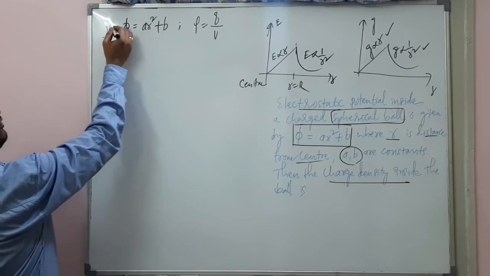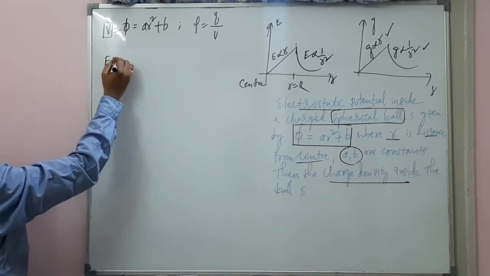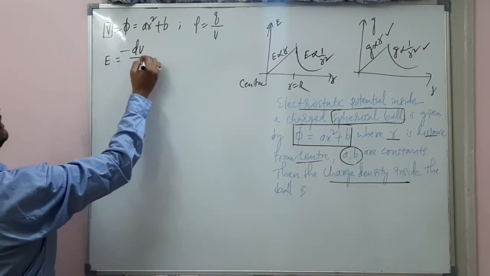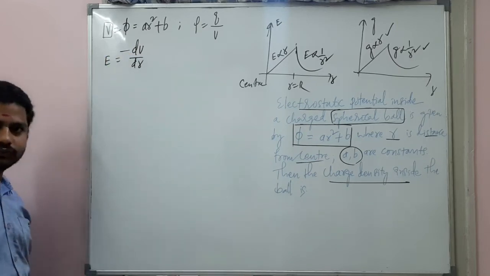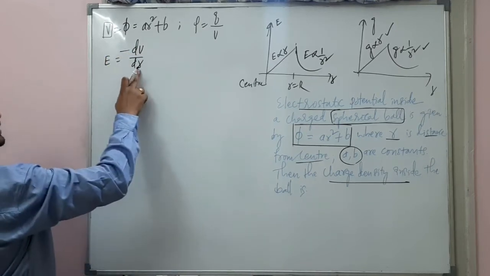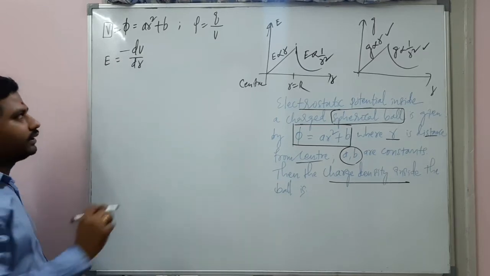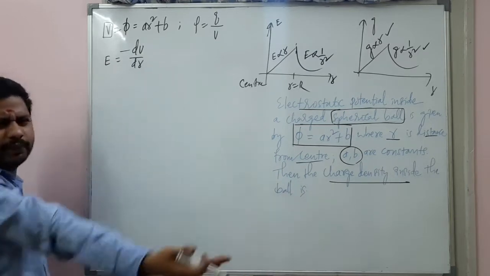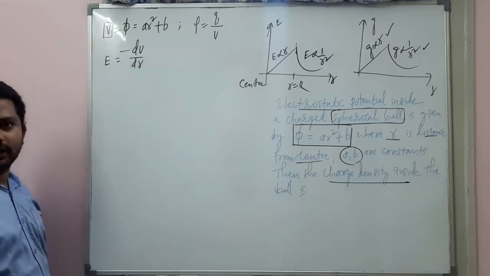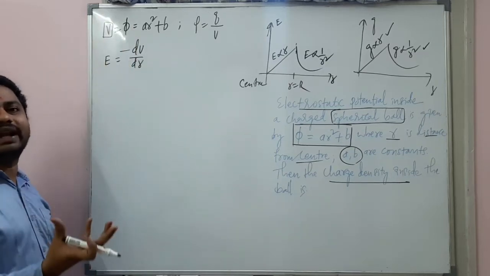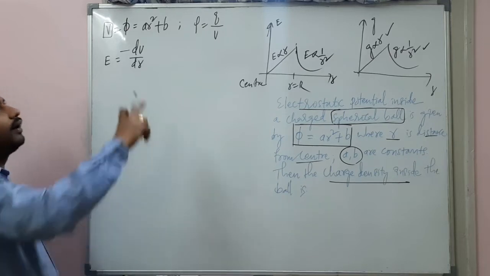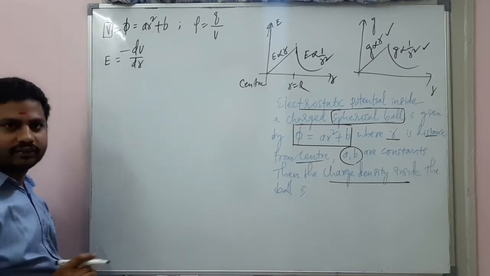Whenever this V is there, you can have the relation with dV by dr. R is the distance, V is the potential, E is the electric field. Because they are talking about charges and potential, charge will create an electric field and the potential.